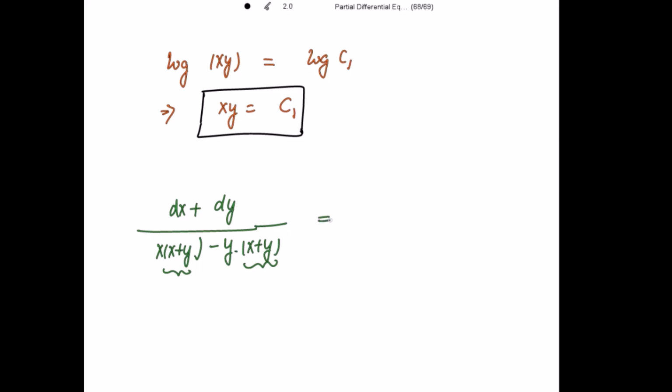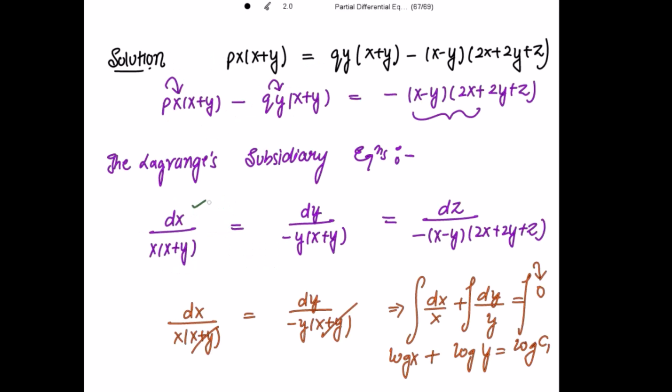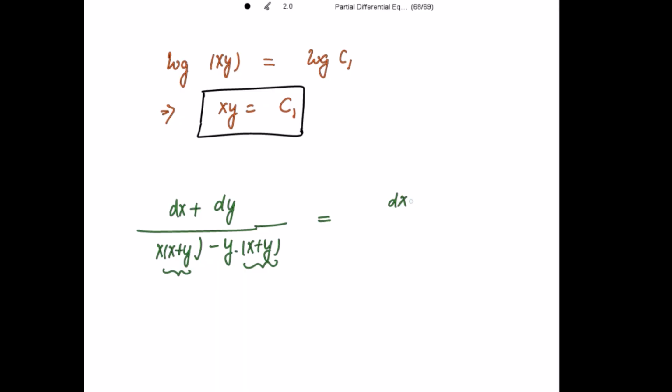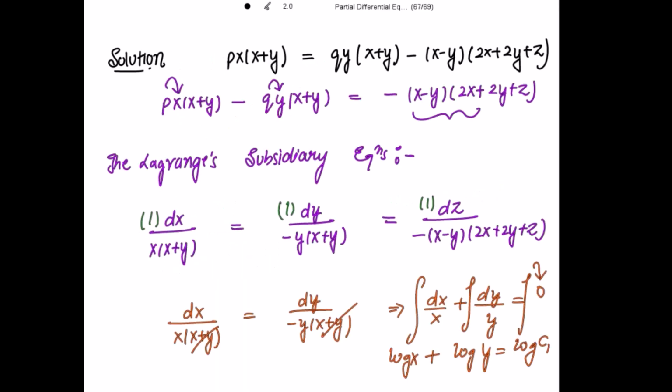We can equate this ratio to any of these ratios, or you can also again use the multipliers to get a new form of ratio, and this time I'm using the multiplier again to be 1, 1, and here also 1, and adding these. So I'm getting on the right hand side dx + dy + dz.